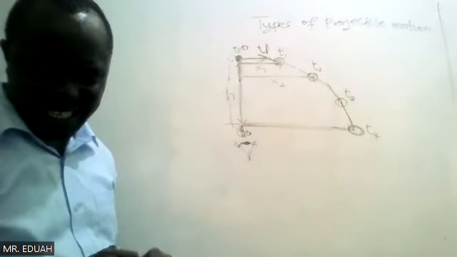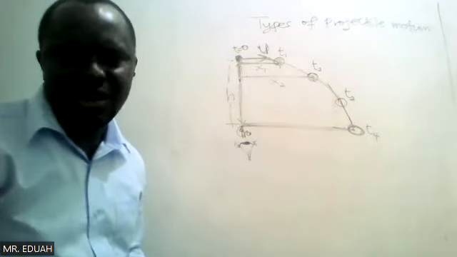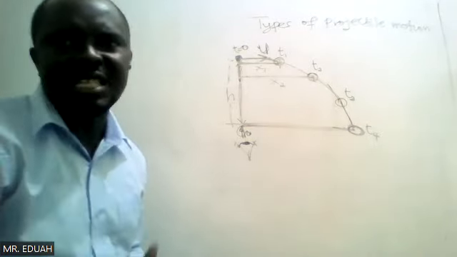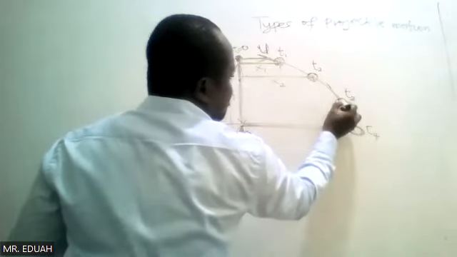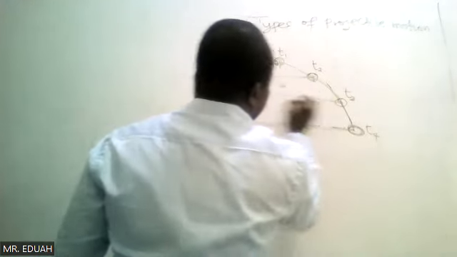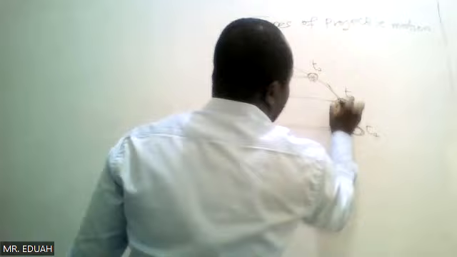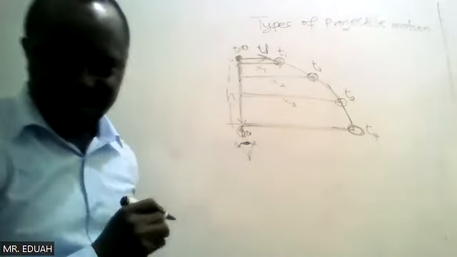After T3, how great has the body been displaced horizontally from the original position to the new position? This is the horizontal displacement of the body.